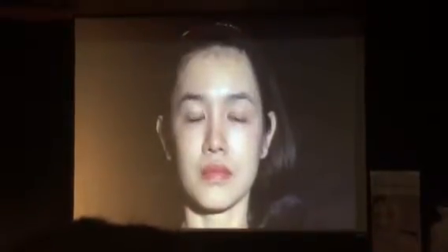Could you smile? Okay. A minimal smile, big smile. When we do a smile, we also evaluate the width of the mouth compared with the whole face for beauty.